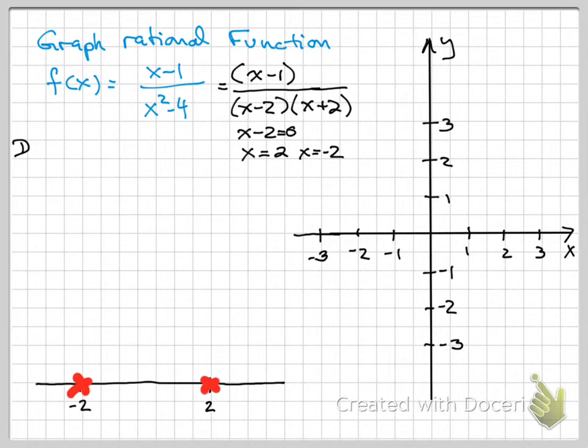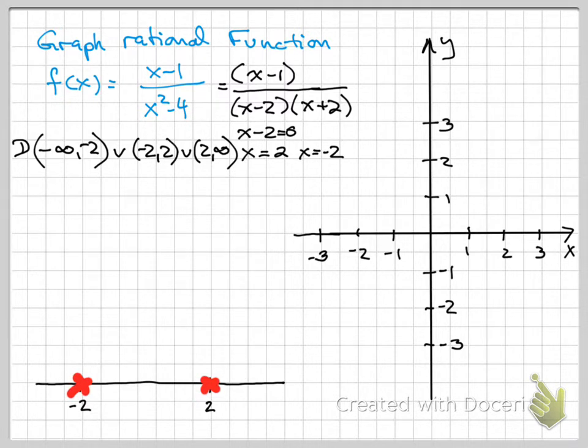So for the domain, everything on the left hand side, negative infinity to negative 2, parentheses. Parentheses means negative 2 is not included. Everything in between negative 2 and 2 works, and also from 2 to infinity. So this is our domain.